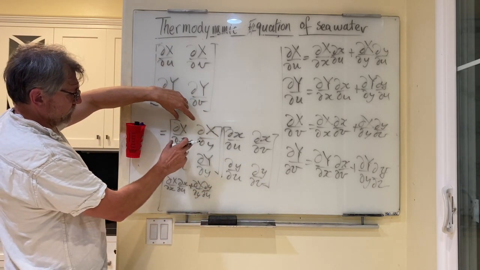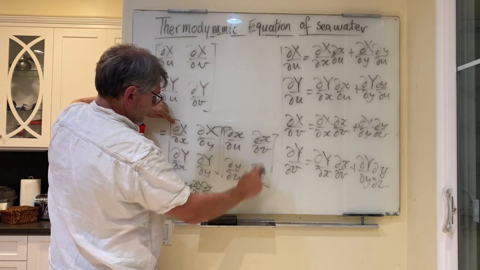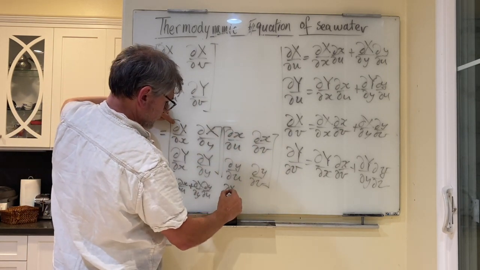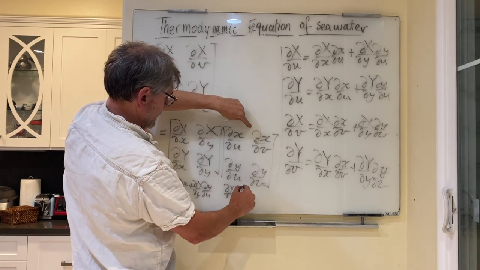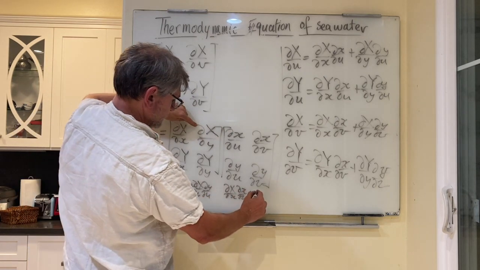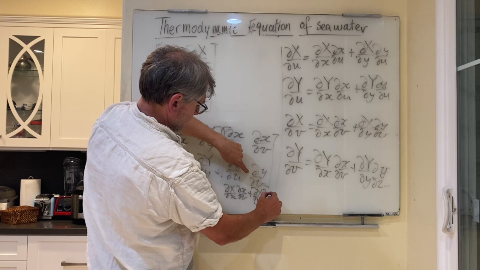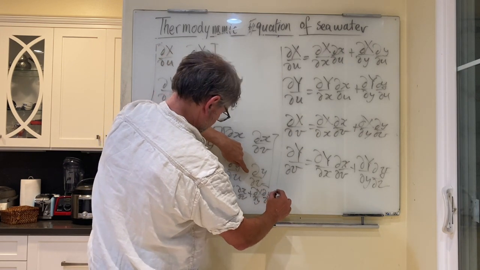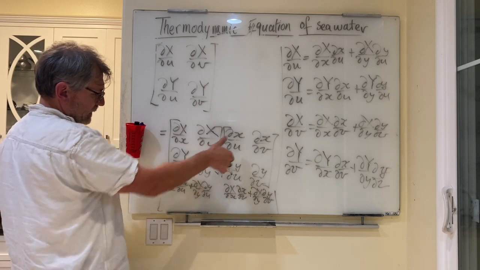And then let's do another element. Let's do the one that goes here, this times this. So that's dX/dx, dx/dv, plus dX/dy, dy/dv. And I can keep going. I could do the one down here, that would be this times that.